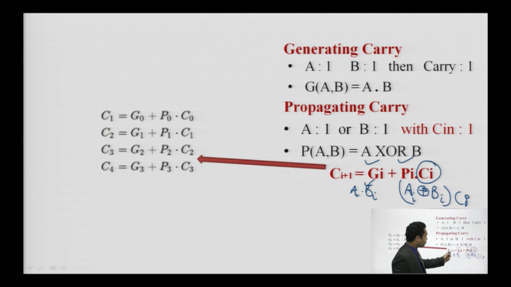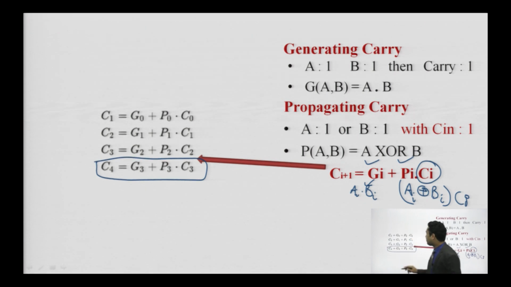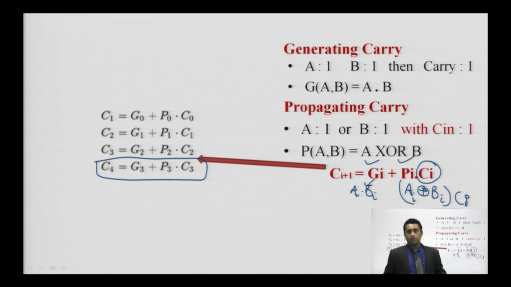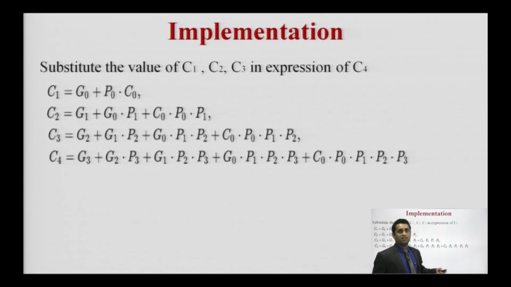In this manner, if I go to the last one, which is C4, and replace these values, I get the final result. This is the good thing about the carry look ahead adder. When we elaborate, we put these original expressions into the main one. So this is the resultant. Now I substitute the values and this part is the resultant one.